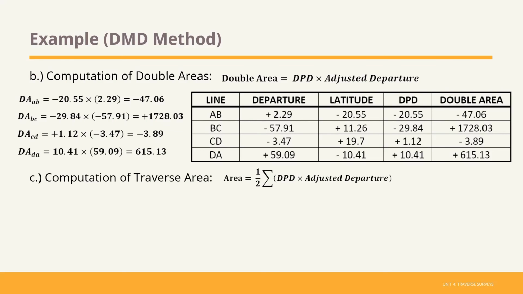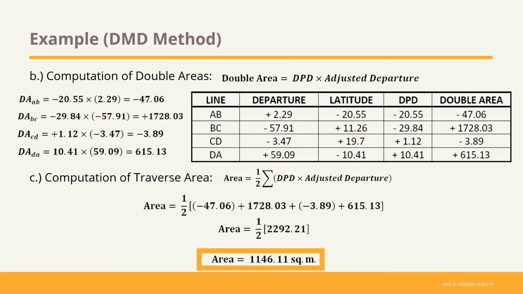So we'll add all the double areas: negative 47.06 plus 1728.03 plus negative 3.89 plus 615.13, which is equal to 2292.21, and divided by 2, we'll have the area of 1146.11 square meters.